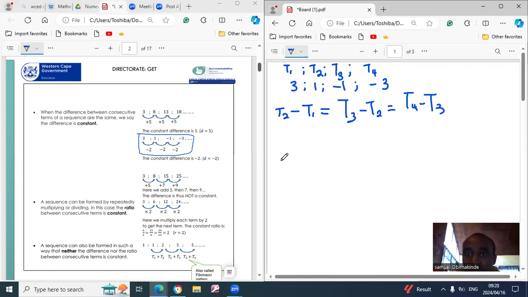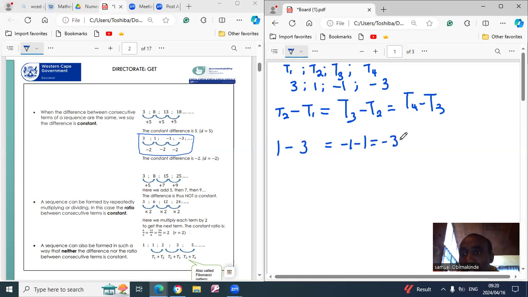Here, T2 is 1. Then you have this minus sign. Then T1 is 3. And that will be equal to T3, which is -1, minus T2, which is 1. Then remember this negative sign, and that should be equal to T4, which is -3.